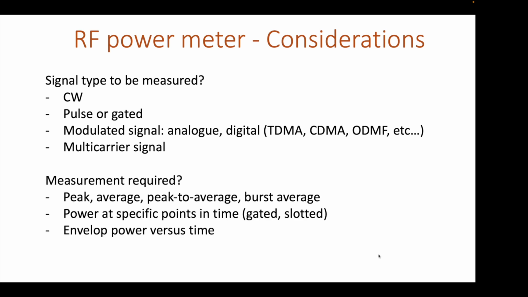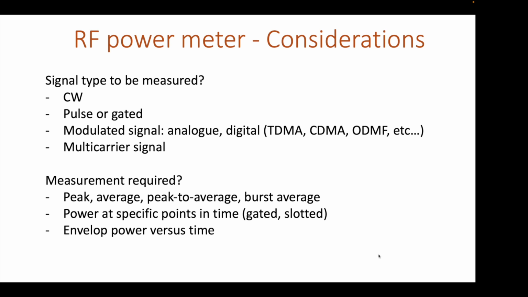Now, on top of that, it's also relevant to think about what type of measurements are being required. And it really depends on the basic fundamental mechanism of a power meter where it's able to do particular types of measurements, as I will explain in a moment. So we might be interested in peak measurements, in averages measurements, or the ratio of peak to average.